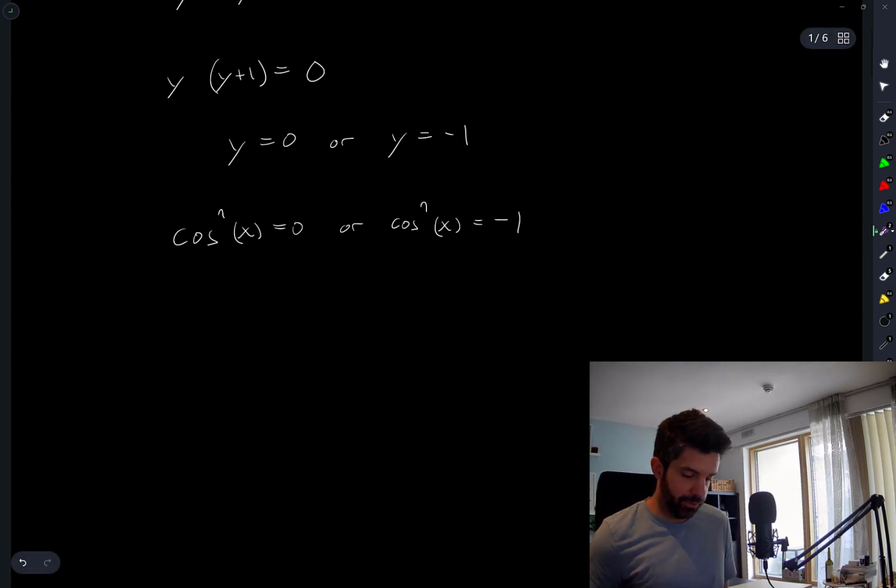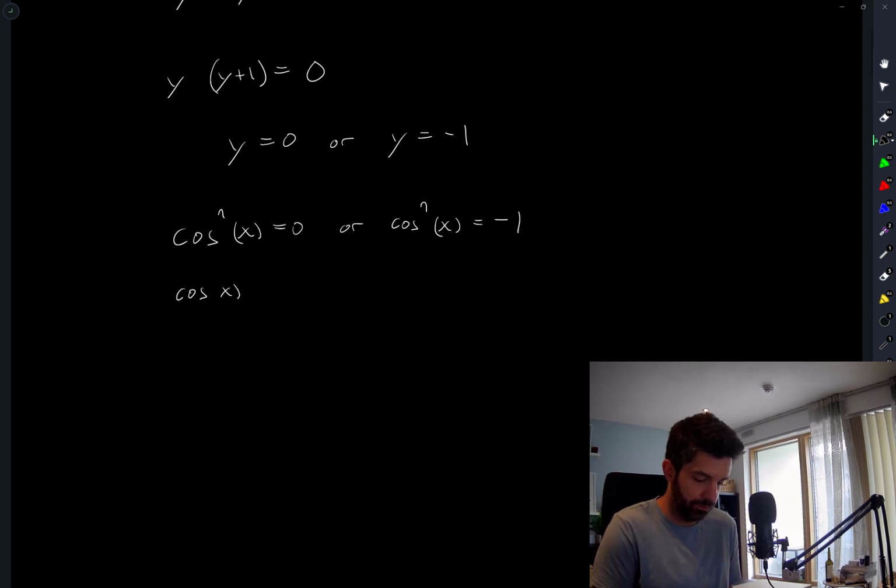And now let's figure out the roots. Cosine to the power of n of x equals 0 is the same as cosine x equals 0. That has two roots in the range we're asked about, x between 0 and 2π.